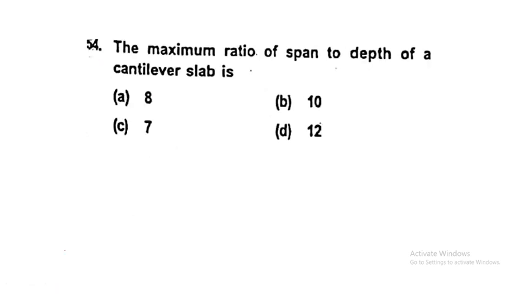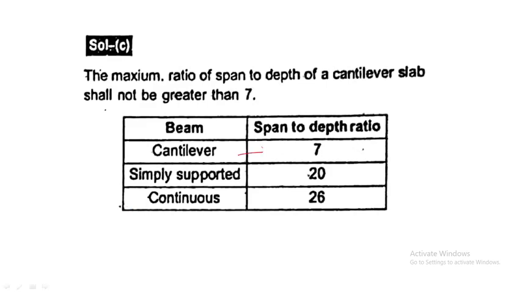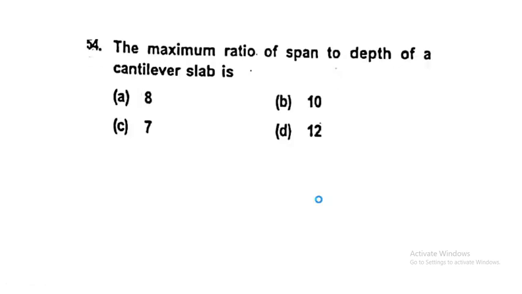Next question, what is the maximum span to depth ratio of a cantilever slab? For cantilever it is 7, for simply supported 20, for continuous it is 26. In the question they have given cantilever, so the answer is 7.